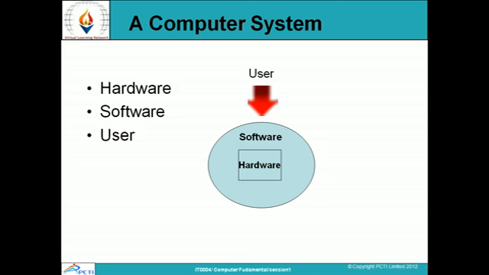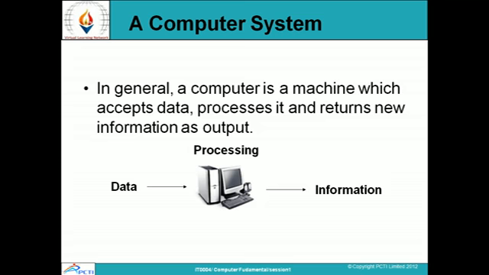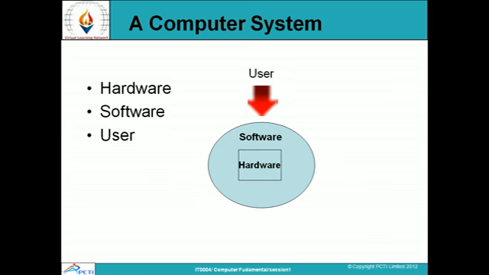A hardware is anything that we can touch. And now this function of processing is done by a user, a end user, which is a student or anybody who use that application.